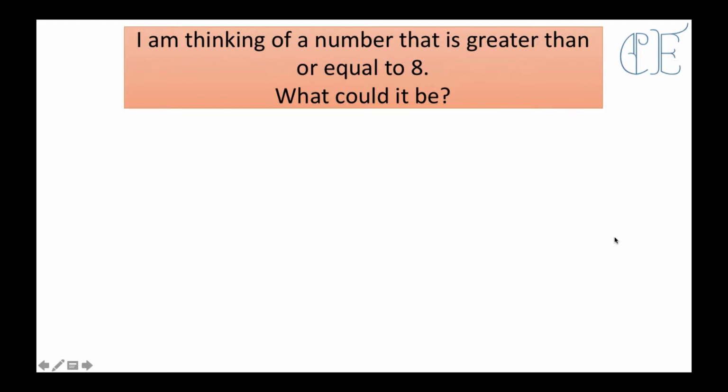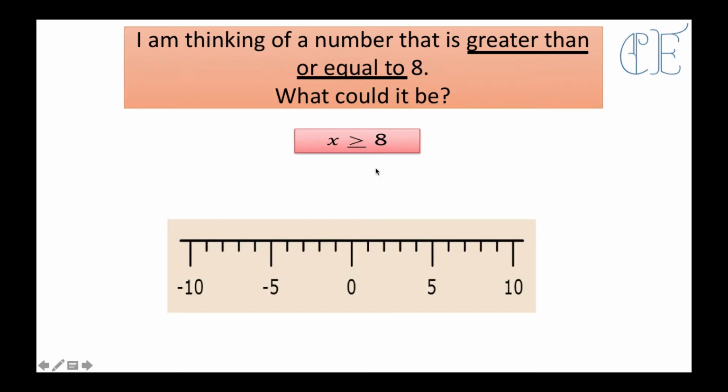I'm thinking of a number that is greater than or equal to 8. So we have to use this different symbol here where we put the little line underneath. So if it's greater than or equal to 8, we would circle 8, but we also have to colour it in because it means it could be 8, but it could be bigger than 8. Okay, and draw the rest of the line.